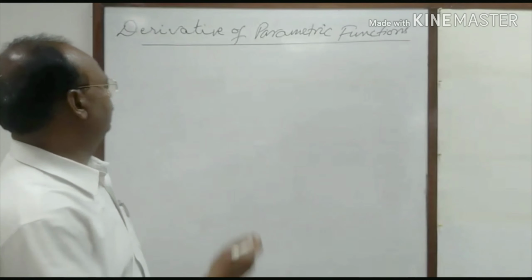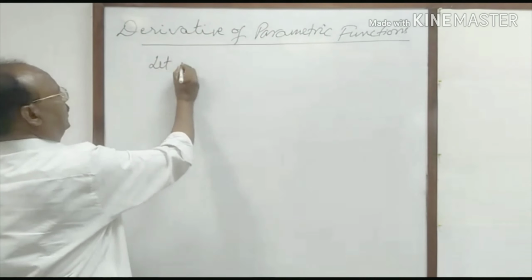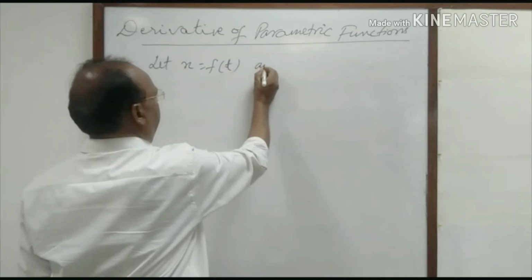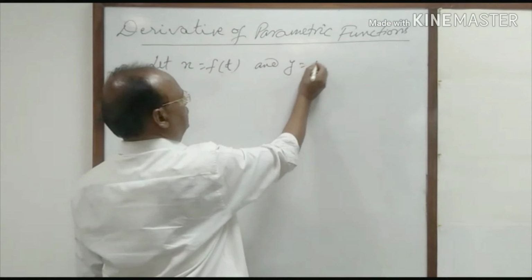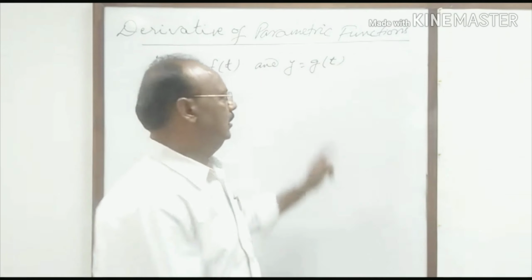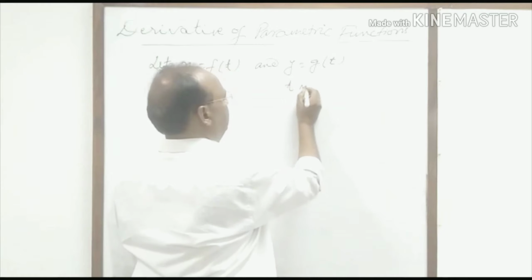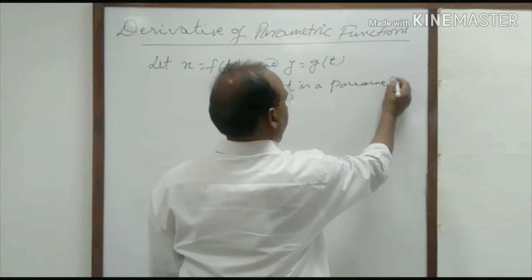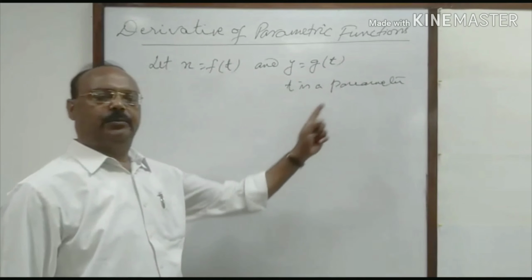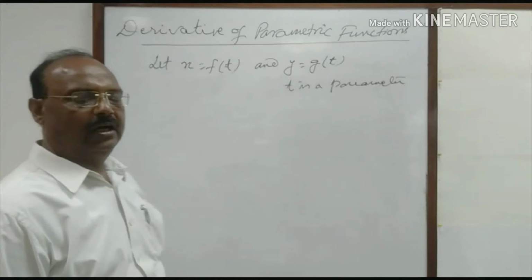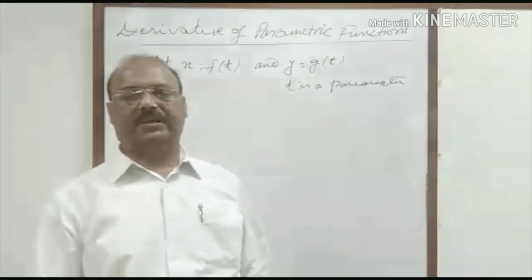As for example, let x be a function f of t and y be another function g of t. Then t is called a parameter, and these functions f(t) and g(t) are known as parametric functions.